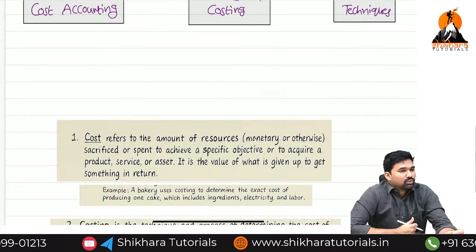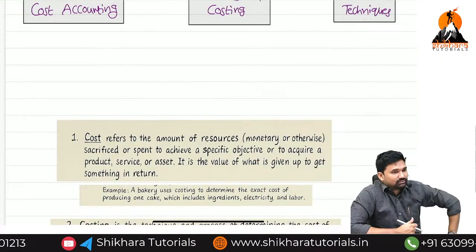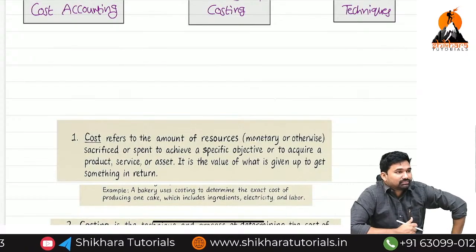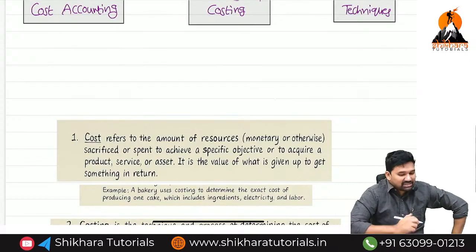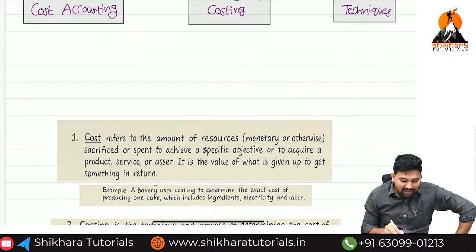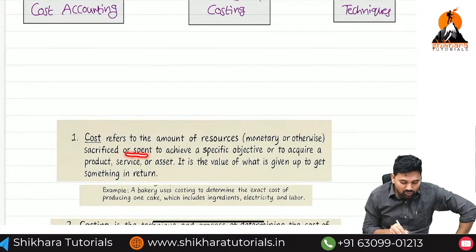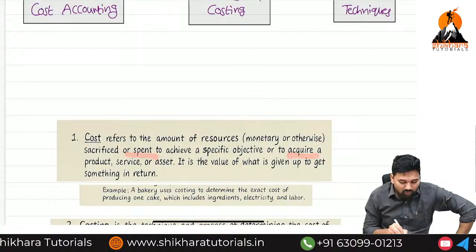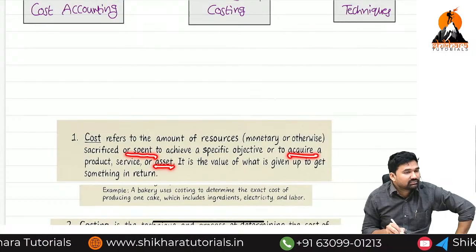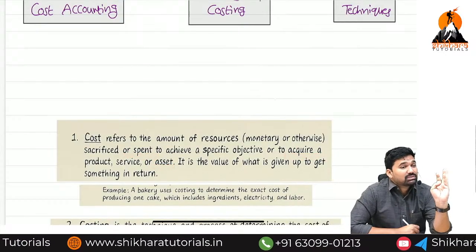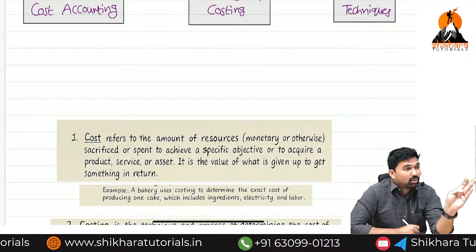Somebody asked you, what is the cost of that chair? What will you say? 3,000. Why are you saying 3,000? Because 3,000 is the amount spent to acquire the asset.